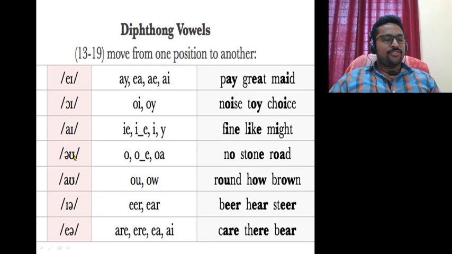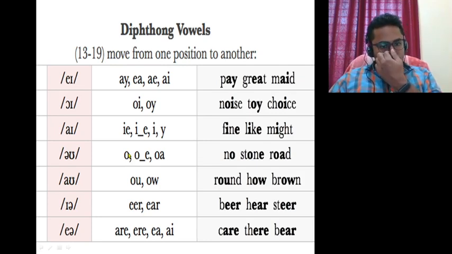Next, this one is A-U, ow, as in nose, stone, road, low, go, flow. Okay, these are the sounds, these are the words.